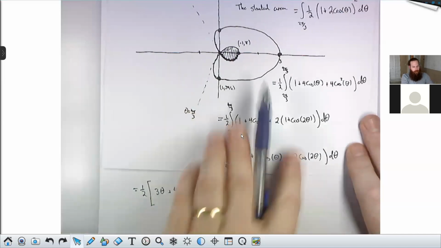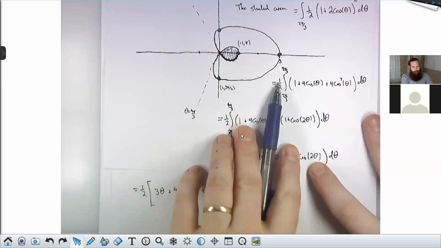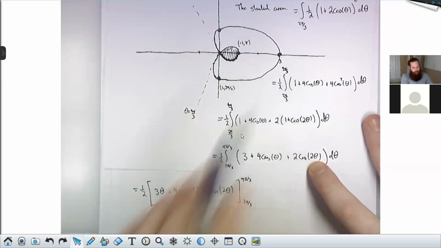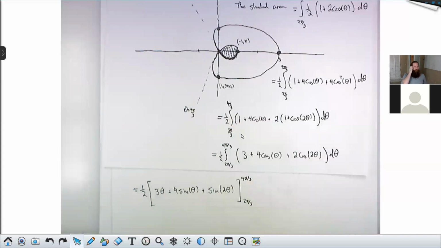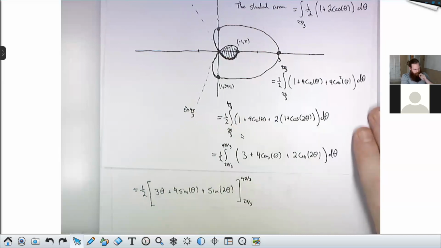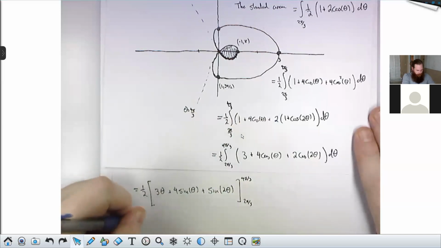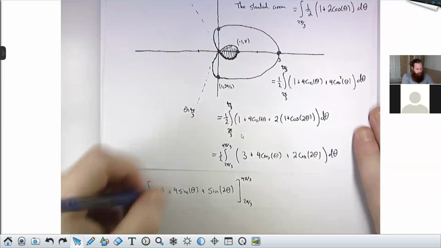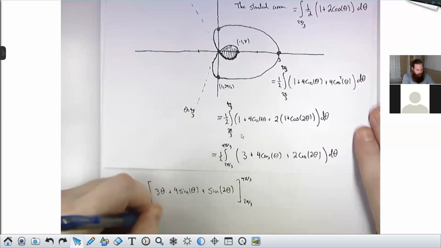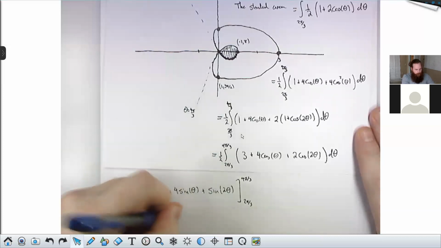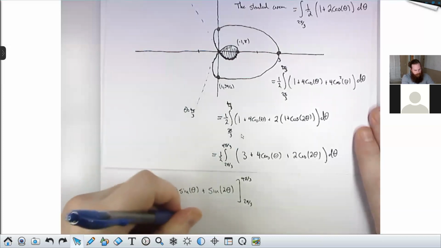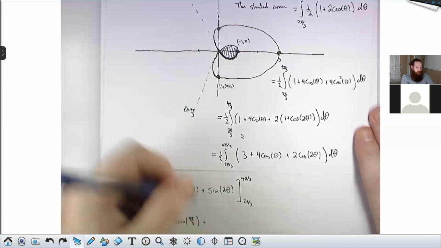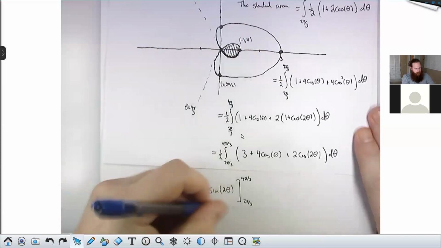Right, so this piece would normally, without the 2 there, integrate to sine 2 theta over 2. But then there's this 2 that cancels with the 2 that would be downstairs, so we get that. Here things are less obvious because we need to evaluate these functions at multiples of pi over 3. So I'll go ahead and write everything out. At 4 pi over 3, you'll have 3 theta is 4 pi plus 4 sine 4 pi over 3 plus sine of 8 pi over 3.